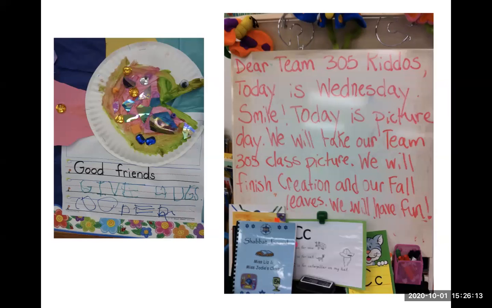On the right-hand side, you can see a picture of a morning message. And when these 4-year-olds came into the classroom, they had a message every morning. Now, do you think that 4-year-olds were able to read this message? No, they couldn't, but that didn't matter.